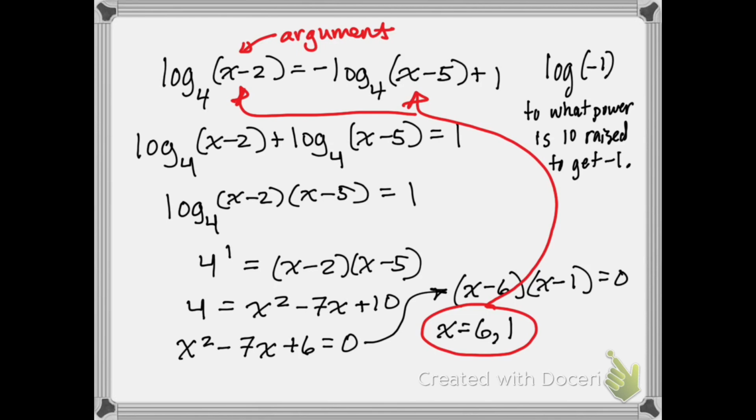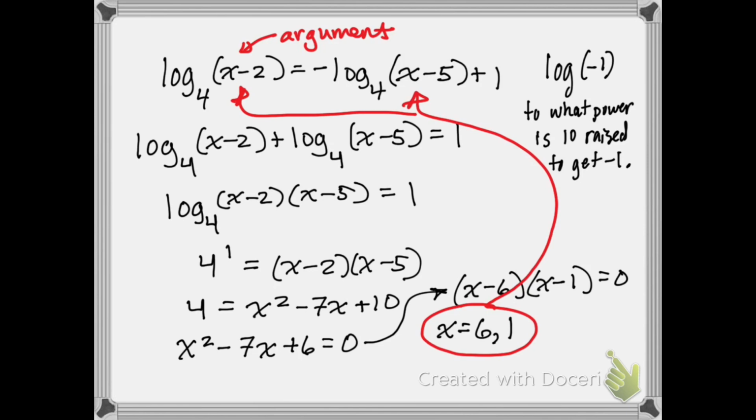There's no way I can raise 10 to a power that'll make it flip over to negative. You might want to raise it to a negative power, but that won't make the output negative. That'll just make it the reciprocal. 10 to the negative 1 is 1 over 10. It's not negative 10. It's not negative 1/10. So there's no way that I can evaluate an expression that has a negative argument for the log.